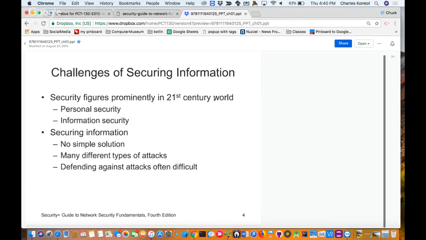I wish there was a magic wand or some step-by-step 1, 2, 3, and it's done. There are many different types of attacks and ways attackers can attack a system, or even attack your personal credit. And defending against these attacks can be very difficult, because they're constantly changing.